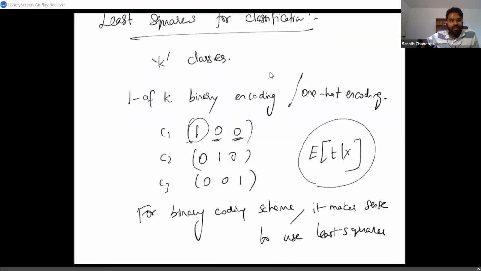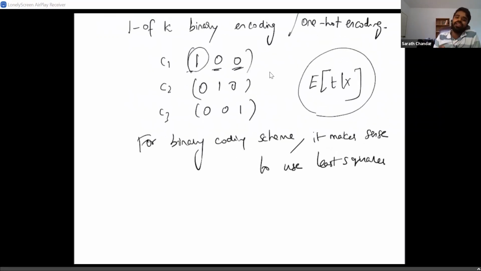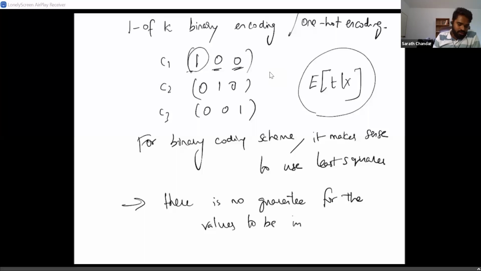On the other hand, this particular classification problem takes only two possible outputs, either 0 or 1, or something in the range of 0 to 1. But we don't have that guarantee with least squares. With least squares, there is no guarantee for the values to be in the 0, 1 range.